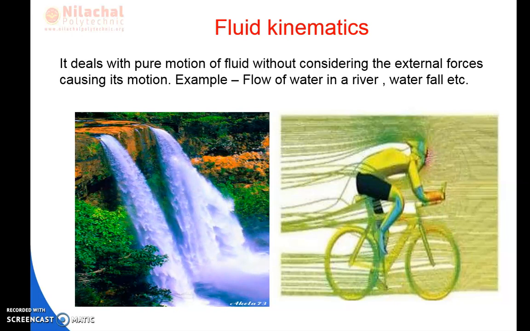We do not know what external forces are causing the motion of the liquid. As shown in the figure, we have the waterfall where the water is in motion from the top to the ground surface. Similarly, here a person is riding a bicycle, while the atmospheric air is in contact with the motion of the bicycle.